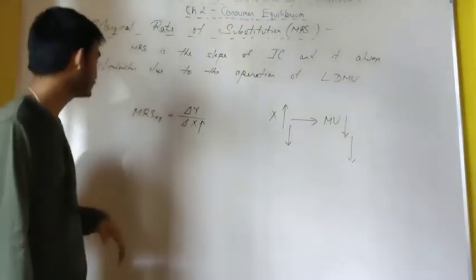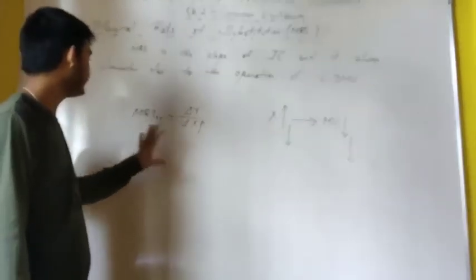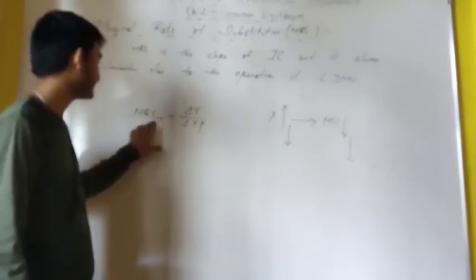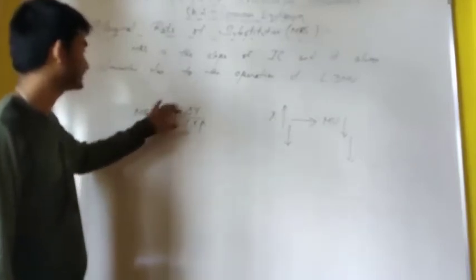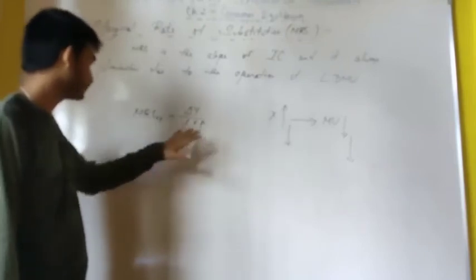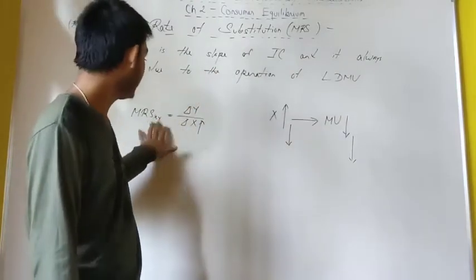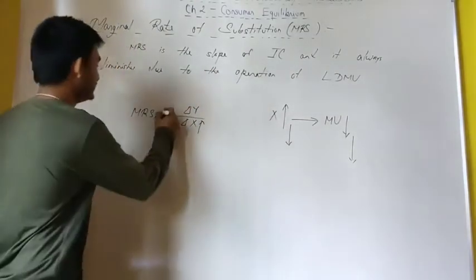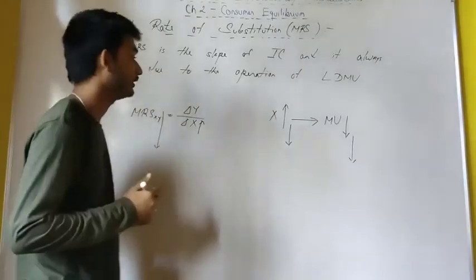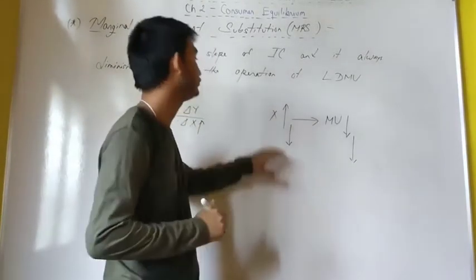Now coming to the point, we have defined MRS XY as the change in Y divided by the change in X. Now we are saying that MRS is always falling. Why is it falling?